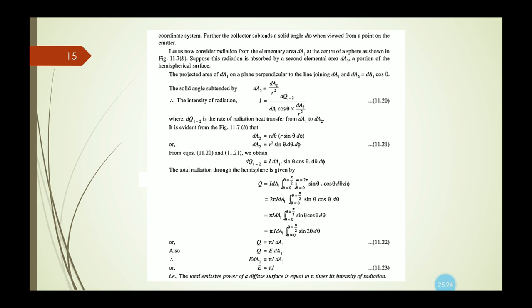After some steps we get a relation between the emissive power and the intensity of radiation, which states that the total emissive power of a diffuse surface is equal to pi times its intensity of radiation, that is, the emissive power capital E equals pi multiplied by I. So E equals pi I. This formula we also need to remember to solve different numericals based on this radiation mode.